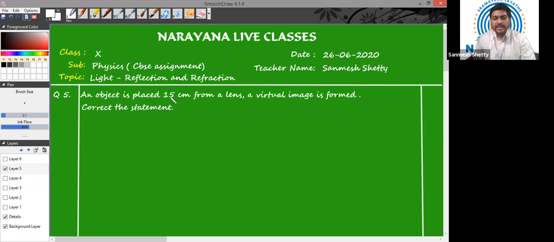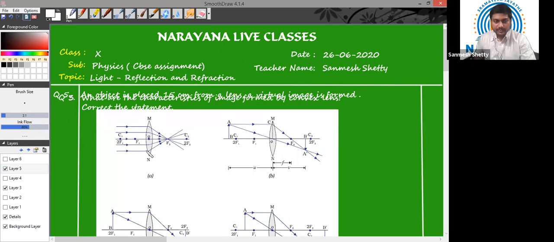Okay, an object is placed 15 centimeter from a lens. It is a convex lens only. A virtual image is formed. Complete the statement. Let us go back to this particular slide.